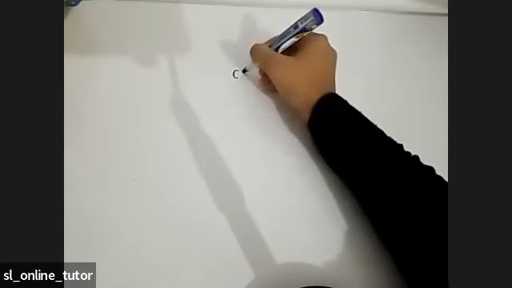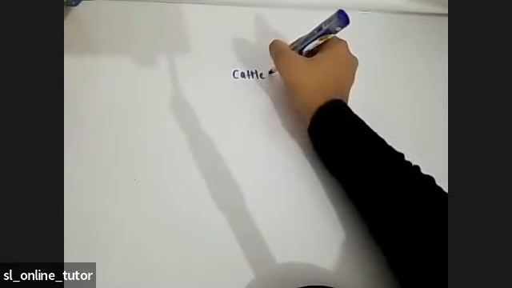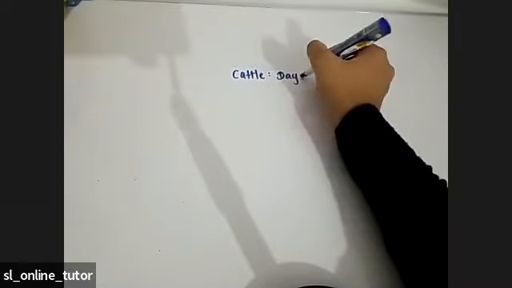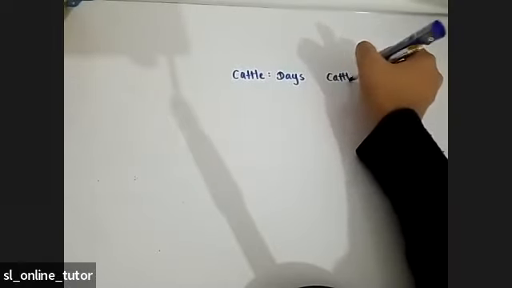Try to see the question properly. You can write down cattle days. Cattle is to days. Cattle days.